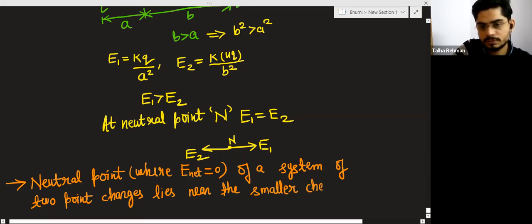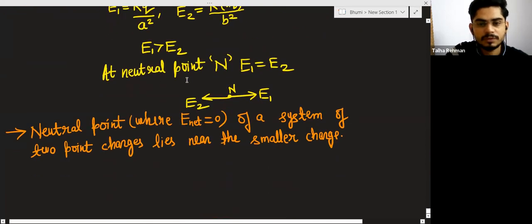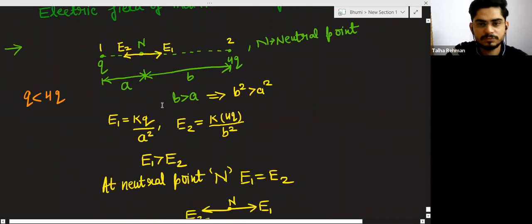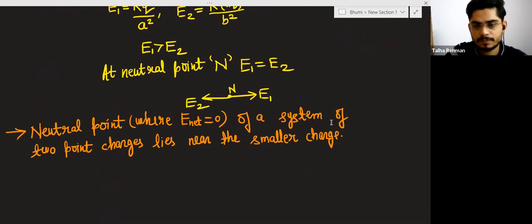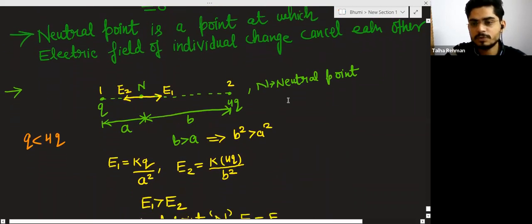This charge is greater, so the neutral point will lie near the smaller charge. Getting my points?